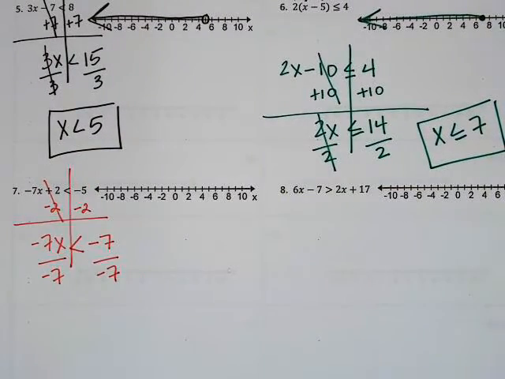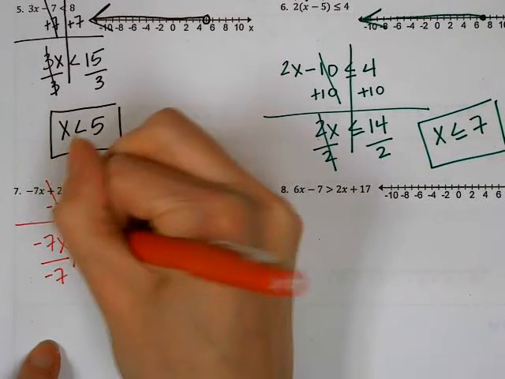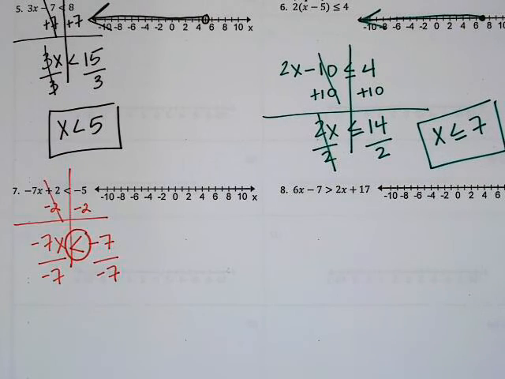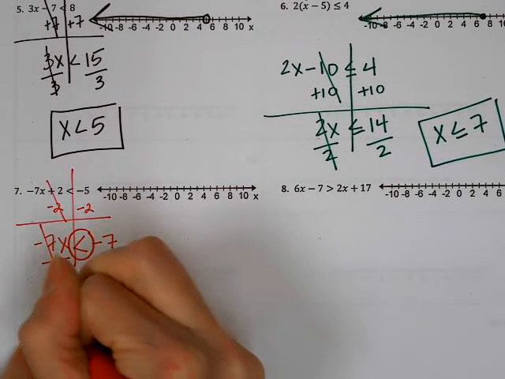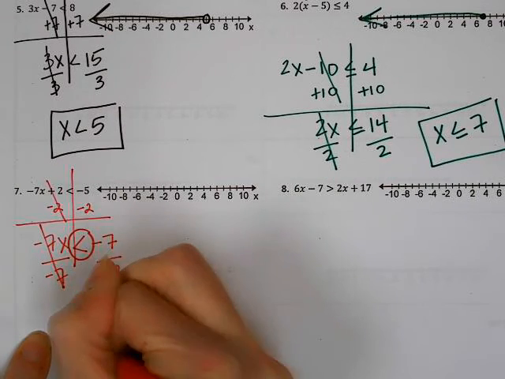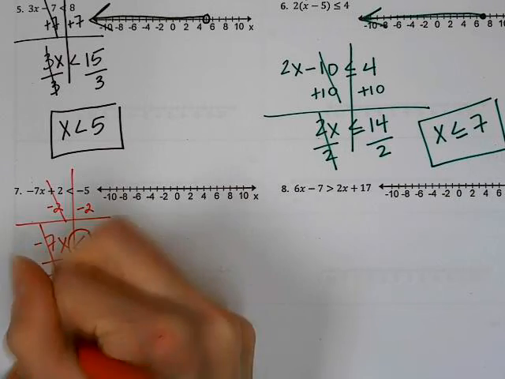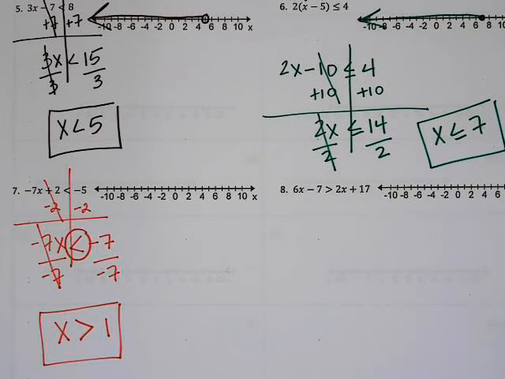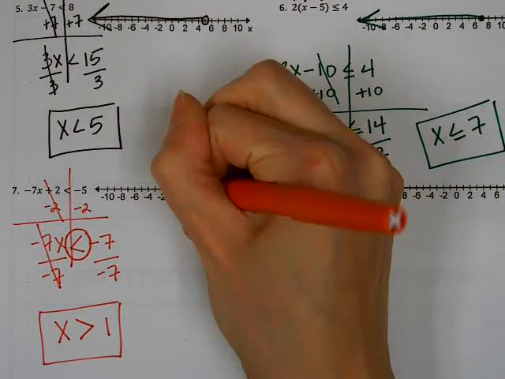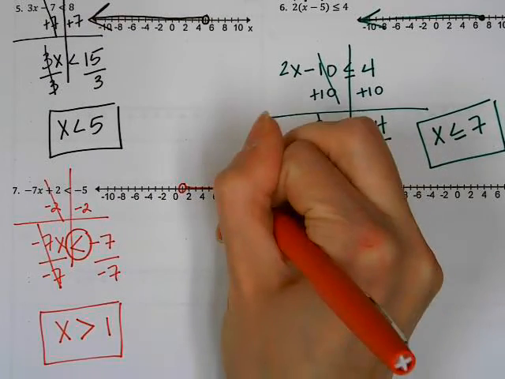But that's one of our rules. If you divide by a negative, you flip the symbol. So in the final answer, when these cancel, it's x is greater than, and then negative 7 divided by negative 7 is 1. So x is greater than 1. And that would be an open circle at 1, and the arrow would go right.